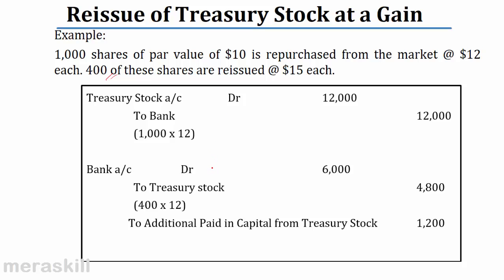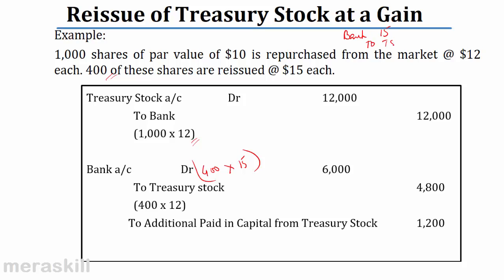So the money that comes in is 400 shares into 15. Yes or no? So let us say $6,000 comes in. To treasury stock, we say 4,800 because we had purchased at 12. So bank account, basically what we are saying is the money received in bank is 15, right?